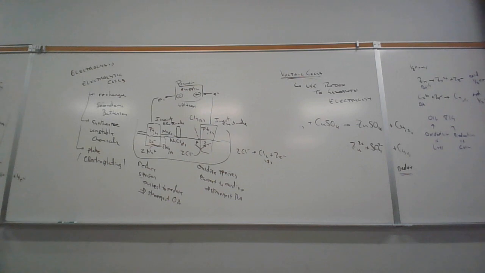Over at this electrode, we're going to have reduction occur. Electrons are going to be forced out this way. And when we crank up the voltage, like if we use a 9-volt battery, something like that, then that will occur. Reduction: hydrogen will gain the electron and will form hydrogen gas.